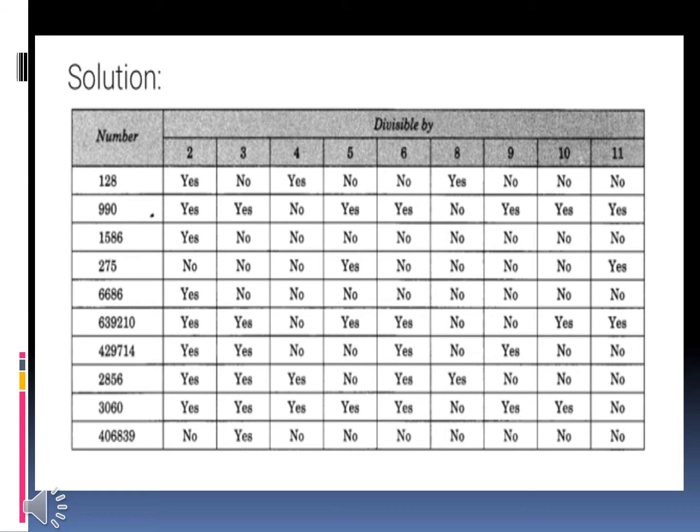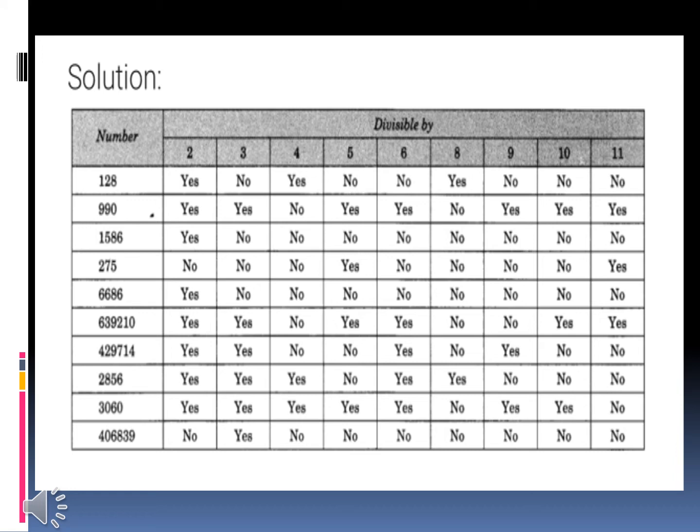Now next is divisibility by 8. So we have to see the last 3 digits. It is a 3-digit number, so we will check all the 3 digits. 128. So just divide 128 by 8 on the rough side and you will see that the remainder is 0. It is completely divisible by 8. Now next is divisibility by 9, similar to 3. Sum of digits.